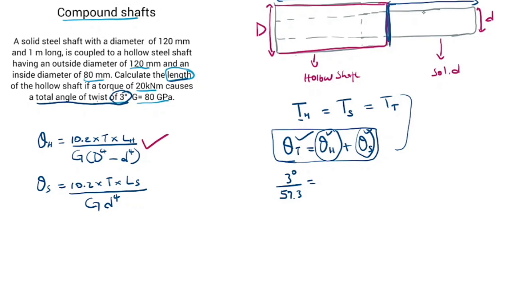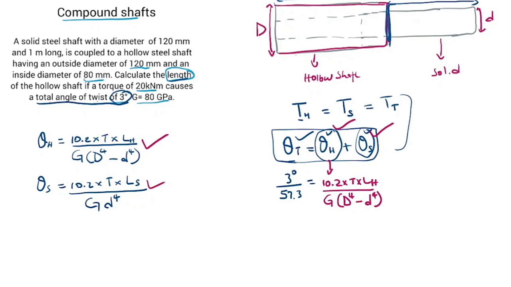Then let us move a little bit up. Then you can take this and substitute here. Let us do it. For this, it is 10.2 times torque times the length for the hollow shaft divided by modulus of rigidity times the external diameter minus the internal diameter, all to the power 4.